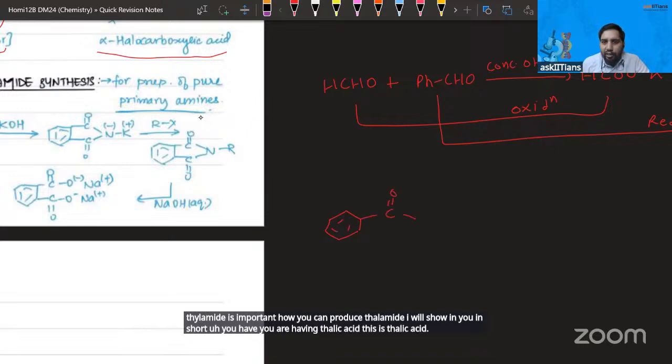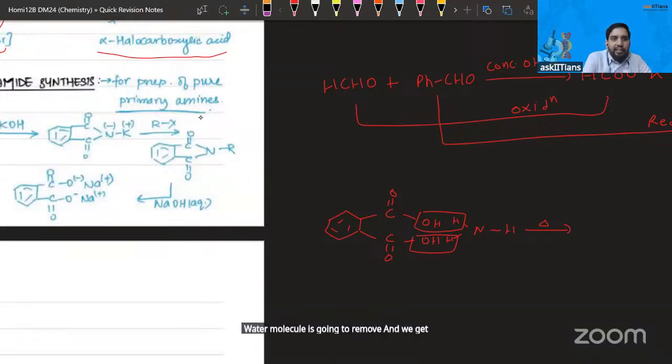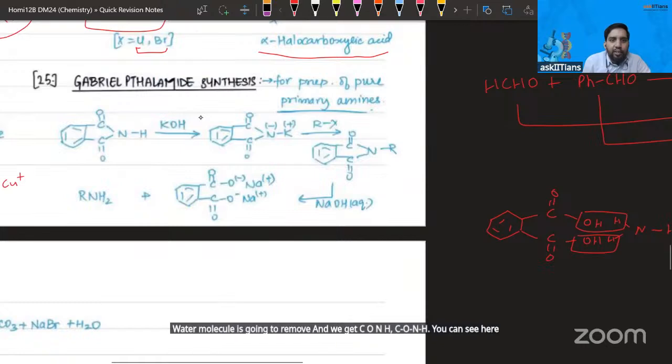When we strongly heat phthalic acid with ammonia, water is going to be removed, Water molecule is going to be removed, and we get CONH, CONH. You can see here CONH, CONH.